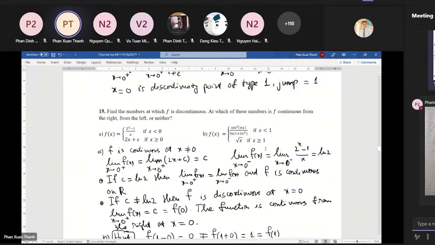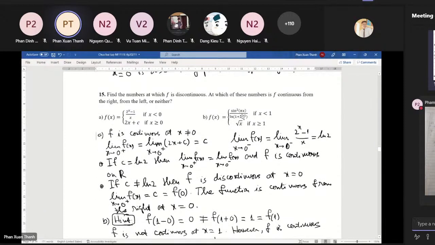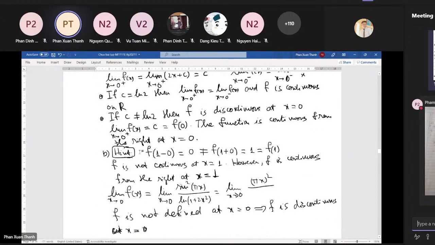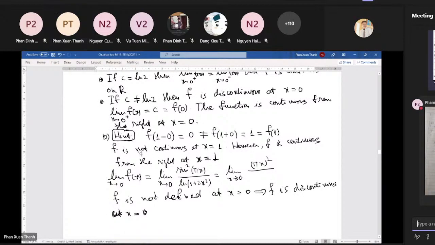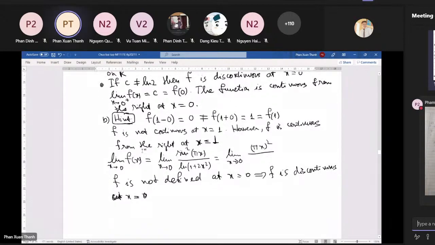So what about the second part? Is f continuous from the right at x equals 0? So the question now is: is f continuous from the left or right at x equals 0?